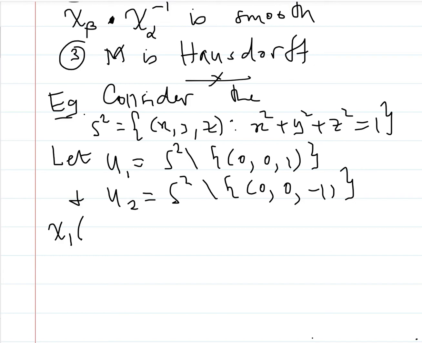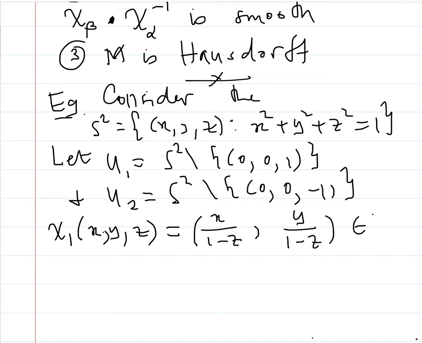Let chi1 of x, y, z, and of course here x, y, z belongs to U1, be equal to a point in R2 of the form x over 1 minus z, and the second coordinate is y over 1 minus z.